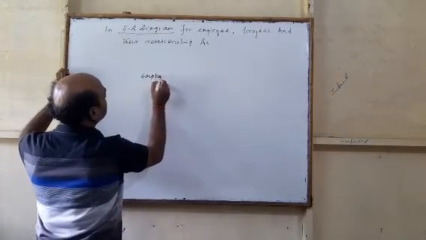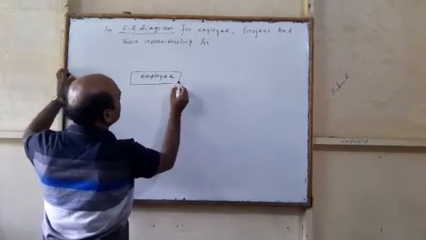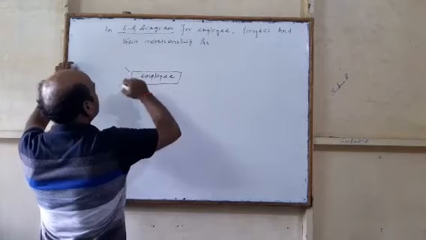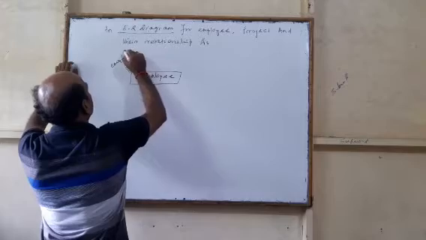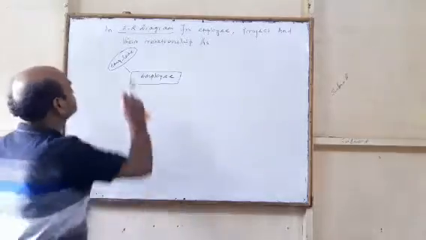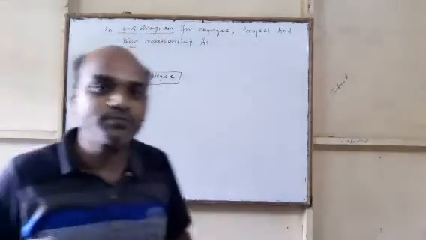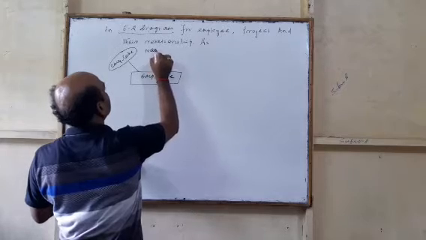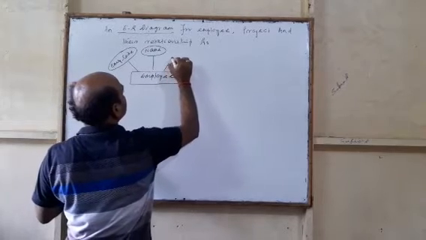One entity, employee, with the attributes employee code, name, designation. For these attributes we use the oval symbol.